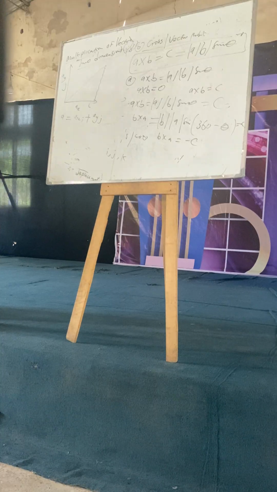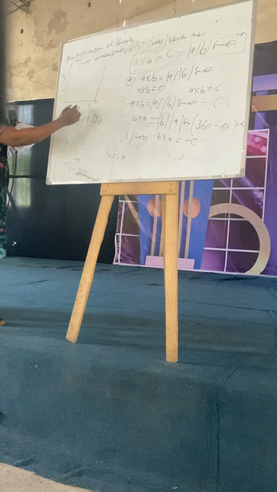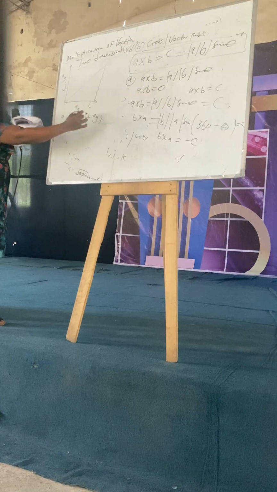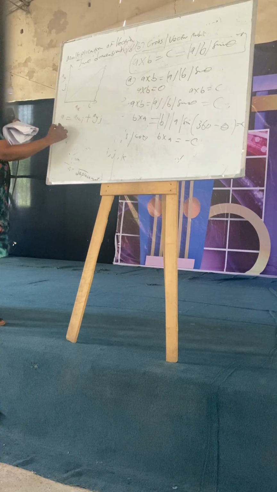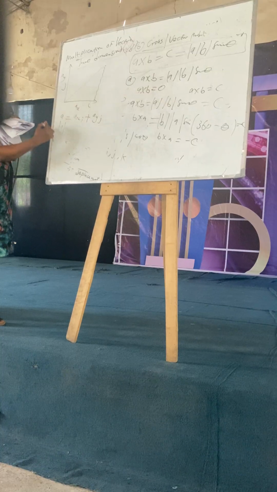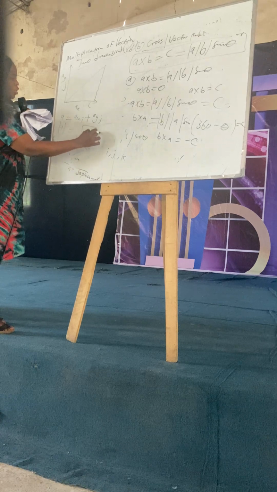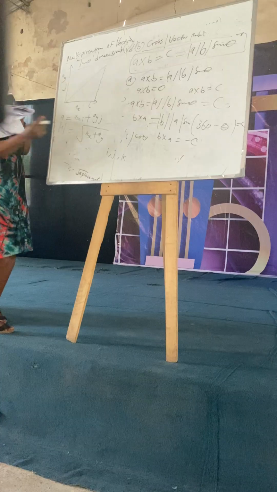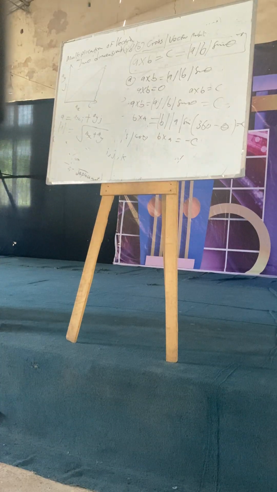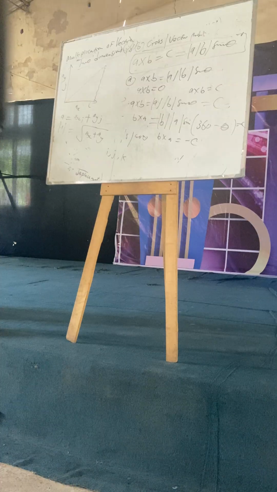The modulus, or the resultant of this vector, can also be equal to the square root of Ax squared plus Ay squared. When we get into the application, we will know better.